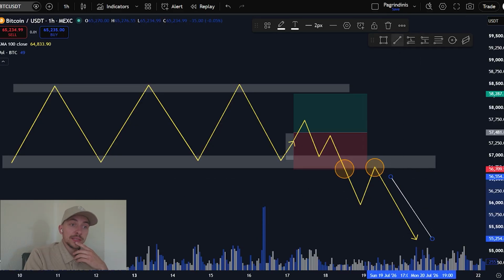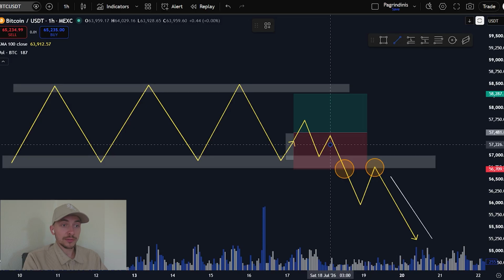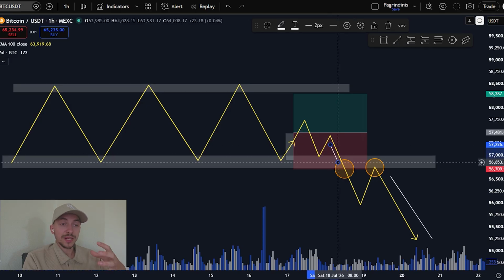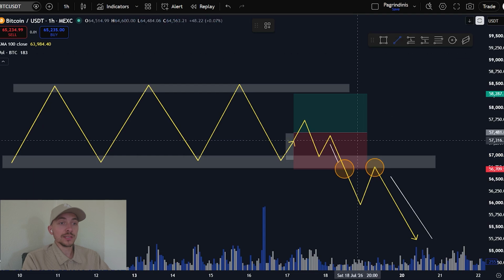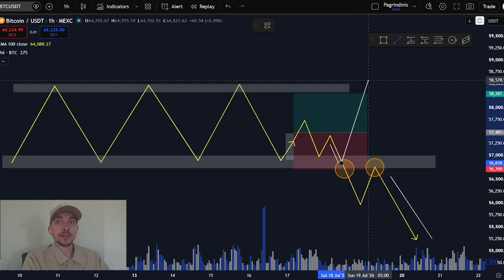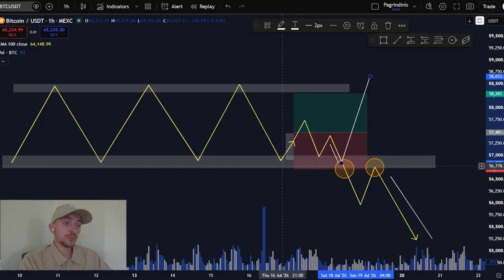What can happen? The price can go down, but it was just another retest, and the price starts going up. That's the beauty of the stop loss. You have to put your stop loss where your technical analysis does not comply, and protect your capital. This is one of the examples.